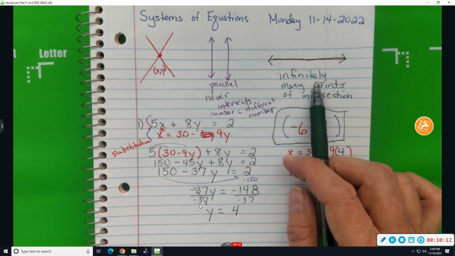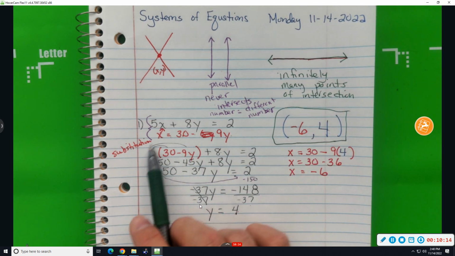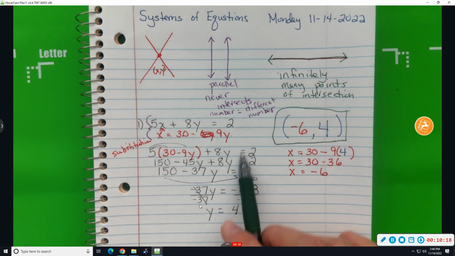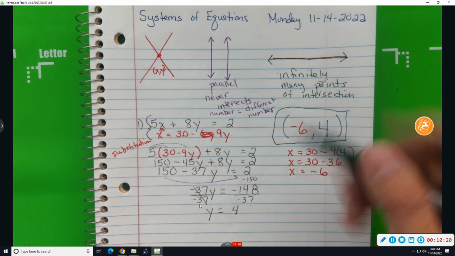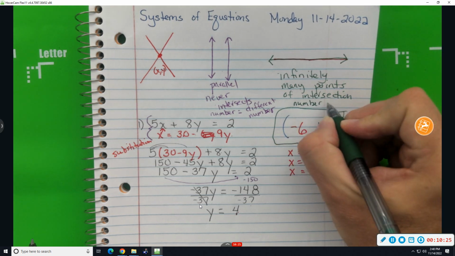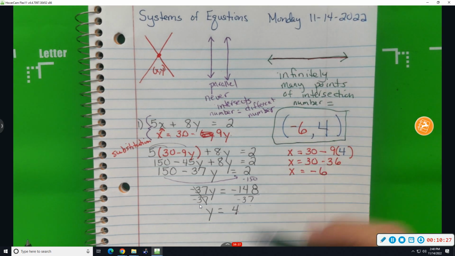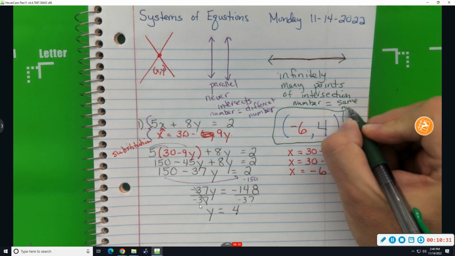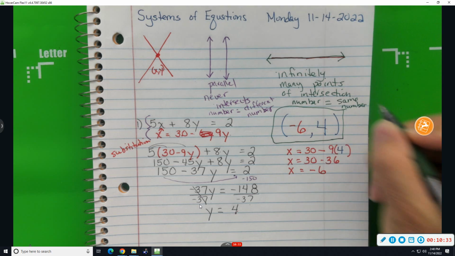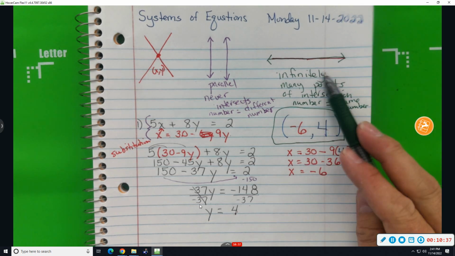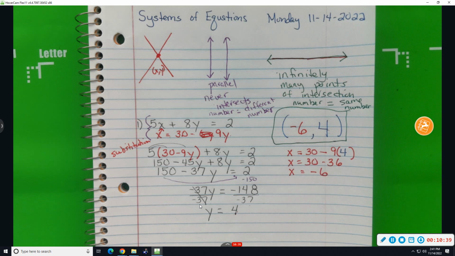for this one over here, if everything on the left subtracts out, all the variables and stuff are gone, and all you have is a number on the left, and then the same number on the right, like 3 equals 3, 7 equals 7, 0 equals 0, if that happens, then it's the infinitely many points of intersection.